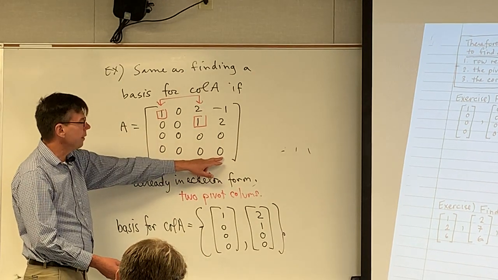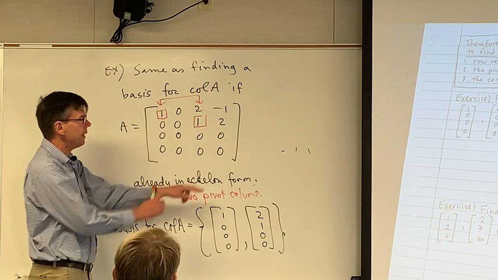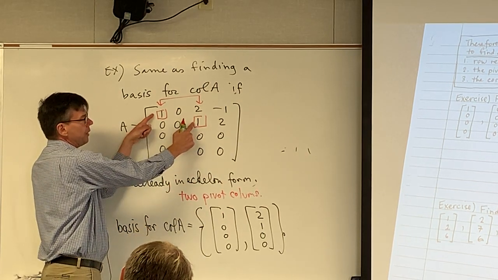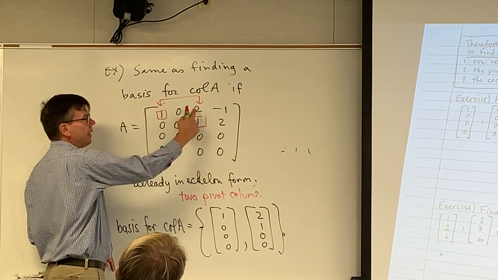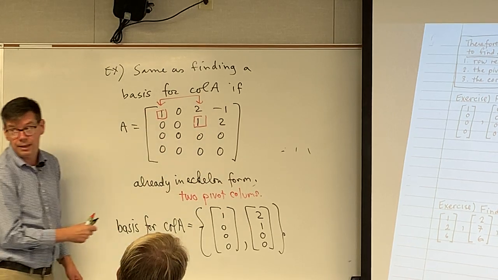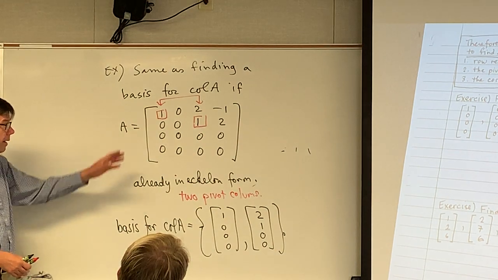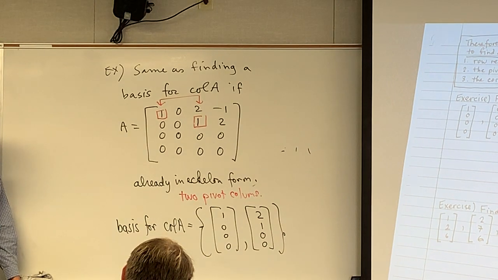We can also get the last column as a linear combination of these 2. I can take 2 times the second one, and then I can just adjust the coefficient of the first to make sure I get -1 from the first. And so the pivot columns are going to span the column space.